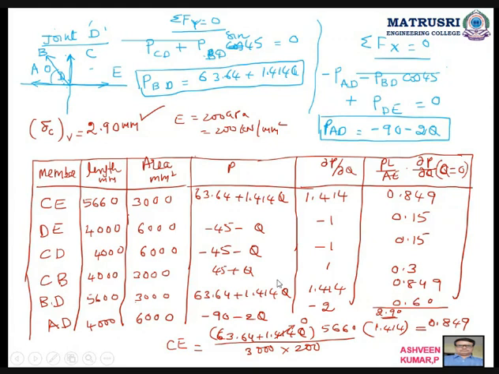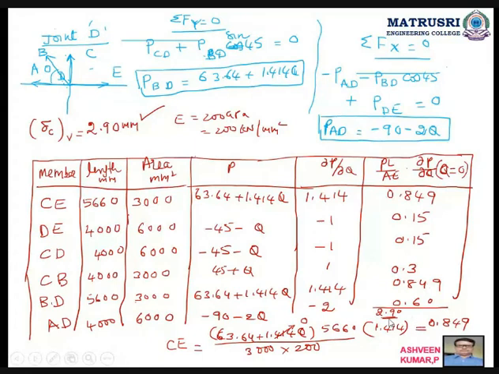Next, no need to take these Qs, minus 45 into 4000 into minus 1 divided by 6000 into 200. Like that, if you do all the calculations, whatever you are getting is the sigma of all these things.